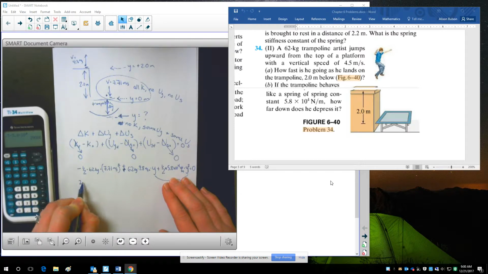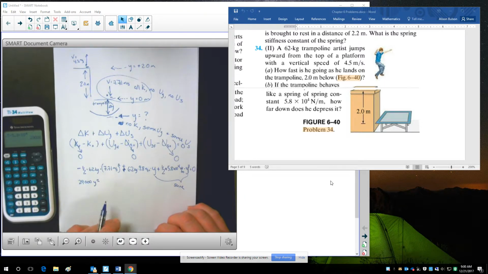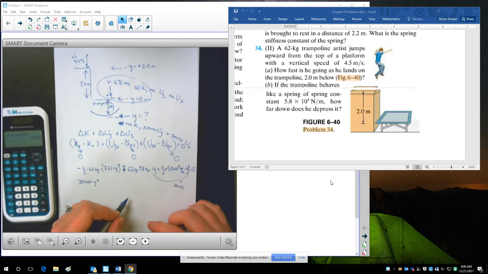I'm just going to leave it as a whole number, 29,000, and I'm going to drop the units because otherwise we're totally running out of room. This is a unit of Newton per meter or kilogram per second squared. Anyway, what a mess of the units.